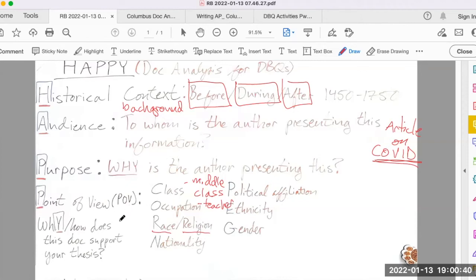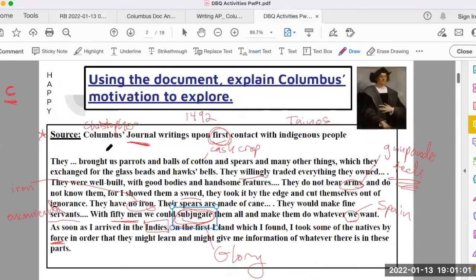All right, so for race, you should have put that Christopher Columbus was of the Caucasian race. For religion, you should have put that he was Christian, specifically Catholic. Now, is that going to play a role in his perspective on the indigenous peoples? Well, we already see that he has a bit of a superiority complex, where he describes the natives as easily subjugated and ignorant.